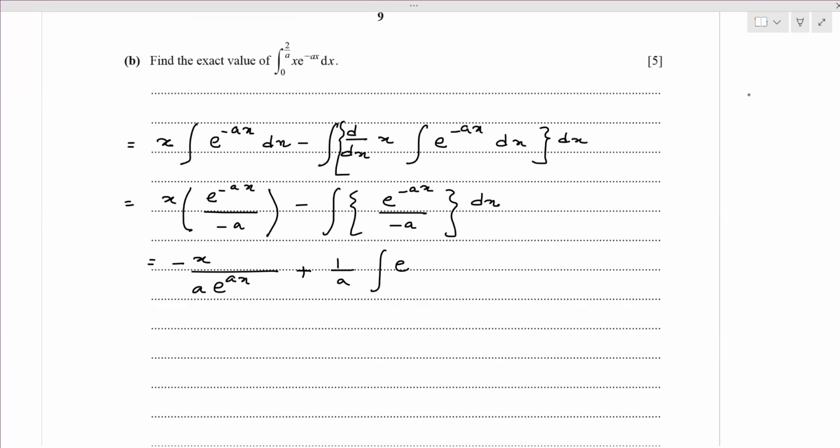Again we have to integrate e power minus ax with respect to x, so it will be minus x over a e power minus ax plus 1 over a, and this integral is e power minus ax over minus a.